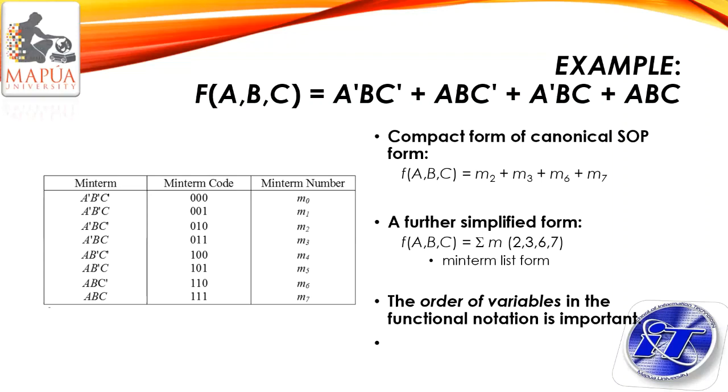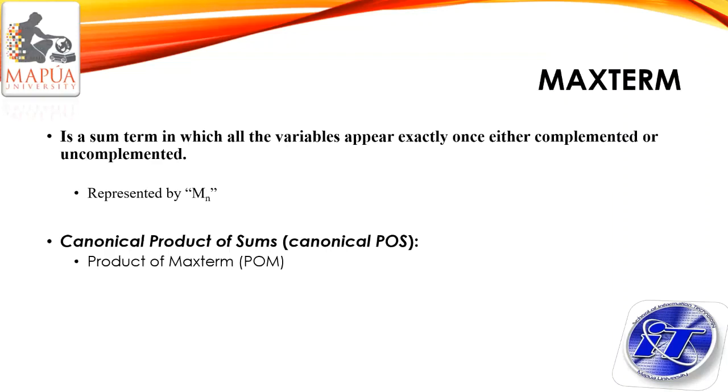Now, let's move on with max term. Max term represents a sum term, and it represents the input that gives us an output of 0. So what is a sum term? These are variables which are complemented or uncomplemented under OR operation.